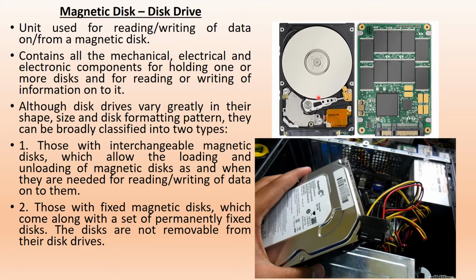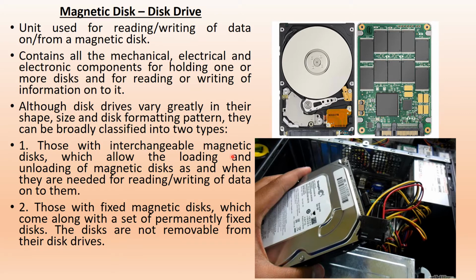And of course, you can see a next example as well. It contains all the mechanical, electrical, and electronic components for holding one or more disks and for reading or writing information onto them. So this is what that means.